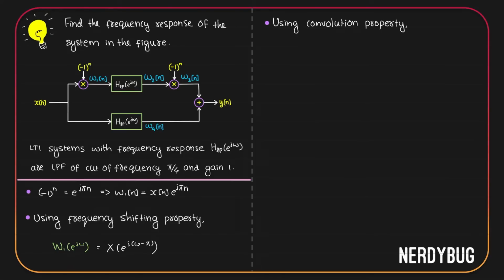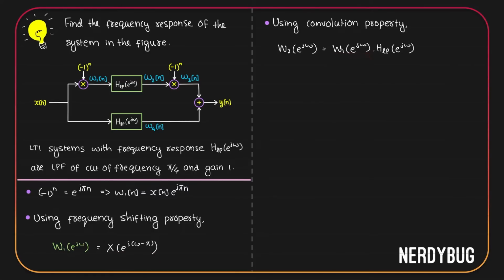So we can write the Fourier transform of w2 of n, w2 of e raised to j omega, is going to be Fourier transform of w1 of n, that is w1 of e raised to j omega, multiplied by frequency response of the low pass filter HLP of e raised to j omega. But we already found this. It is x of e raised to j omega minus pi.